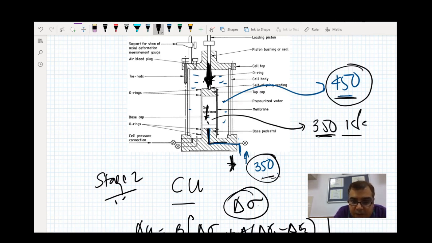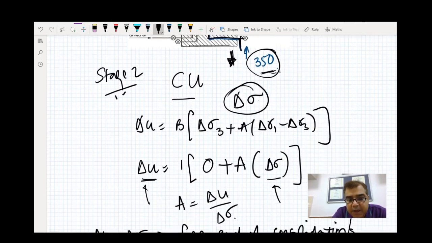So because of any additional load at the top, the water could have escaped out, and this escape of water would be against a datum value of 350. So this pore pressure within the sample will never ever increase more than 350 in case of drained.